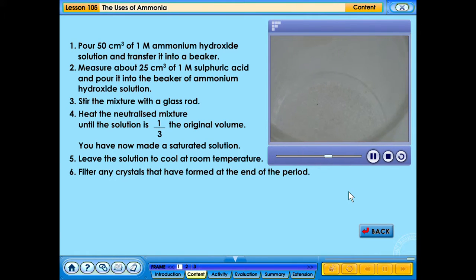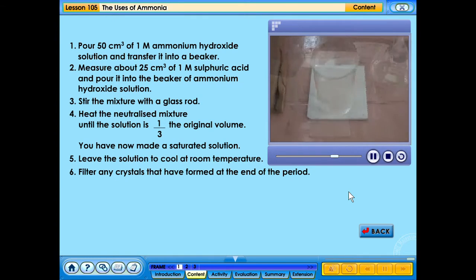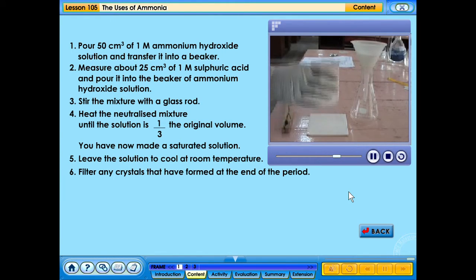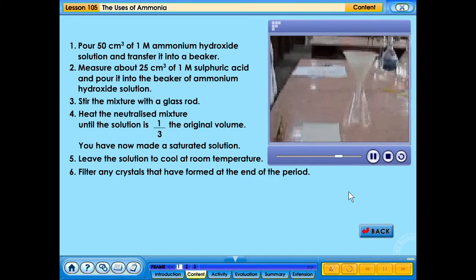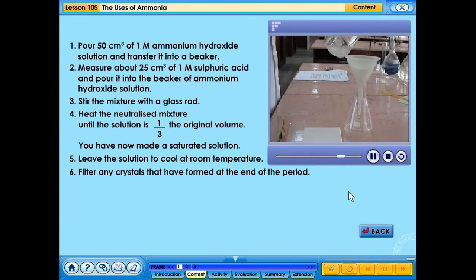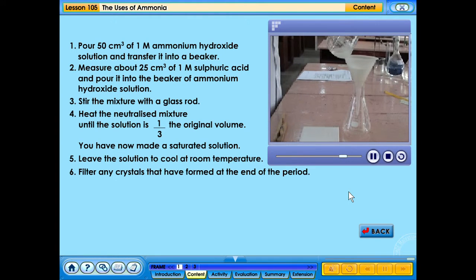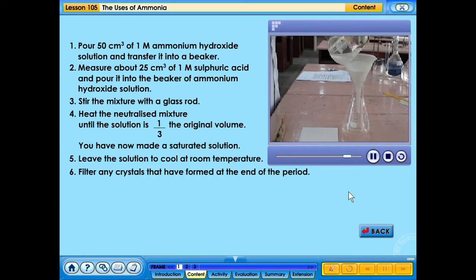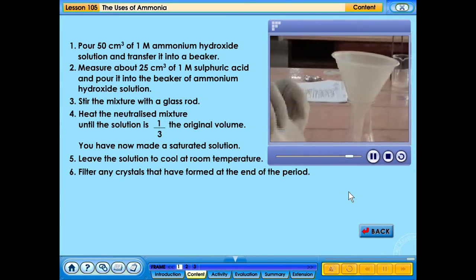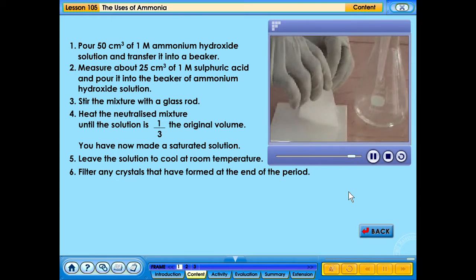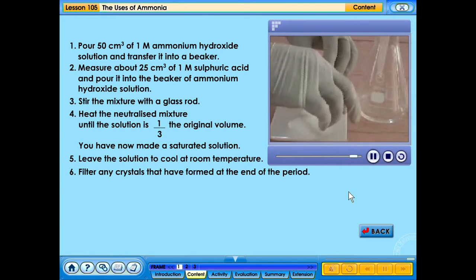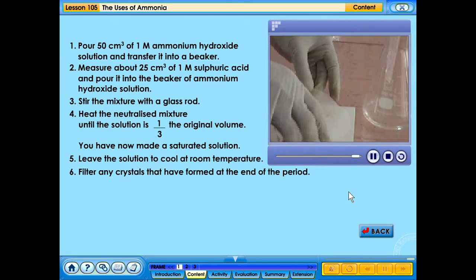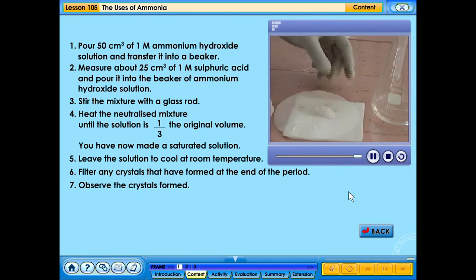Filter any crystals that have formed at the end of the period. 7. Observe the crystals formed.